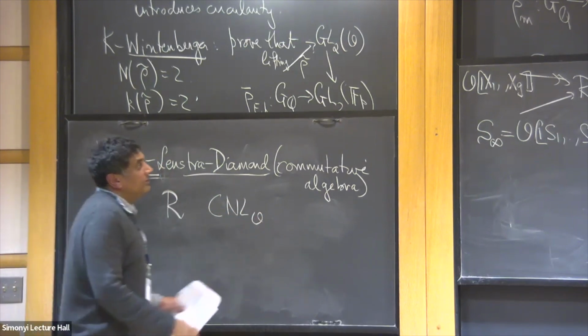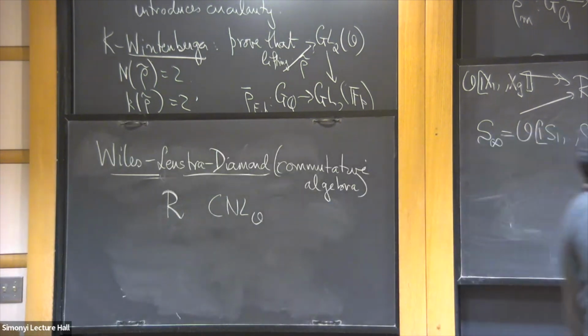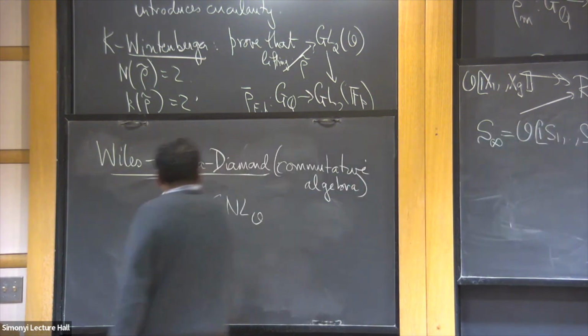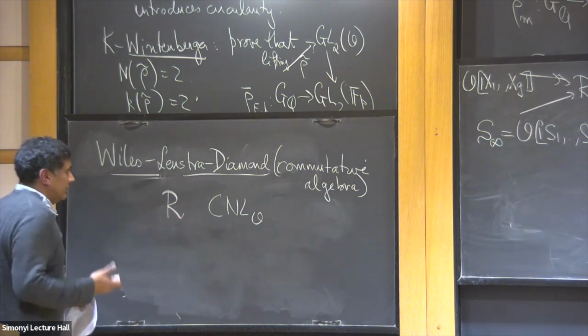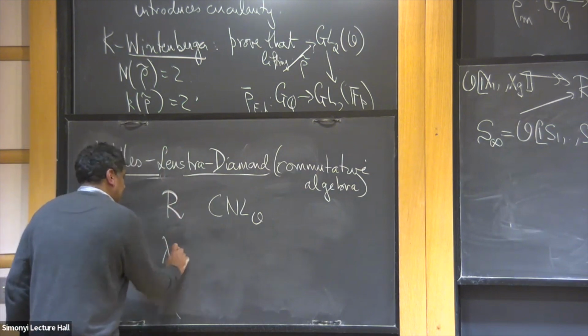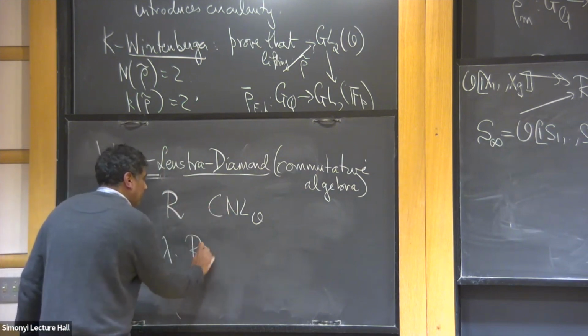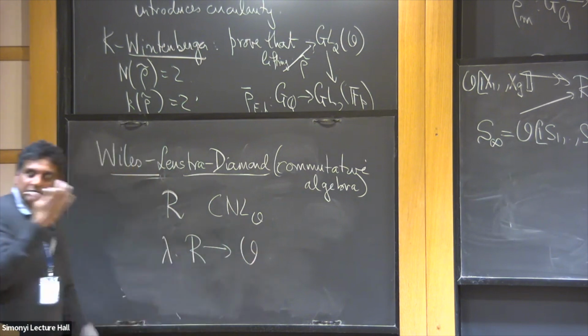In the patching argument of Wiles, any particular modular form did not play a particular role; you just work with the residual representation. But here you really work with the modular form. In terms of commutative algebra, that translates into fixing an augmentation, a map from R to O. Imagine this coming from a modular form.